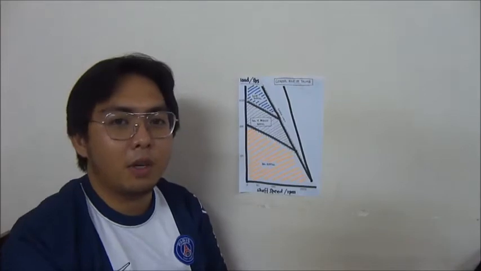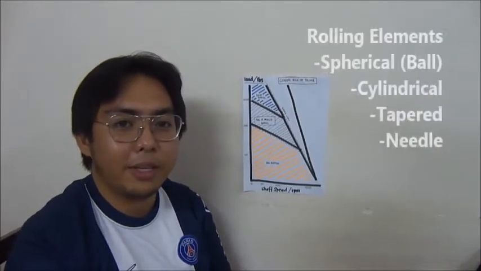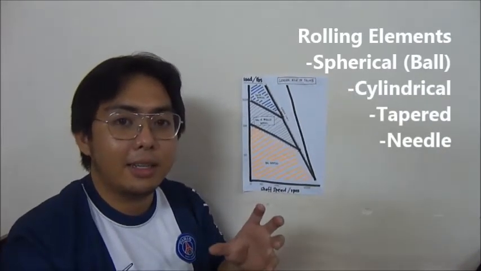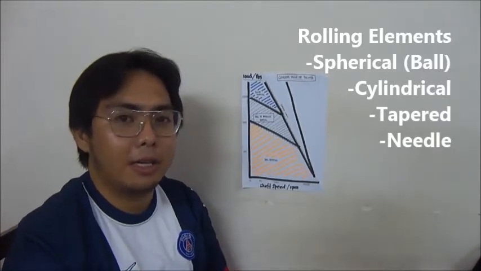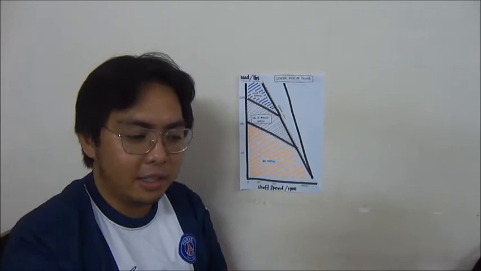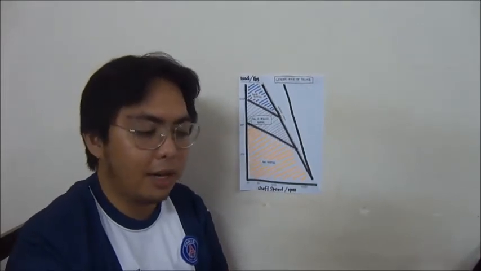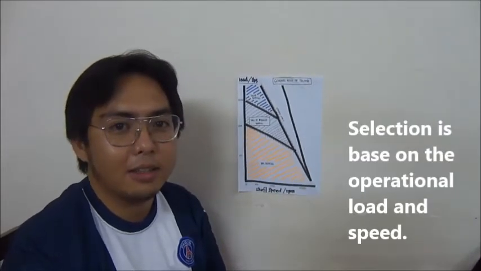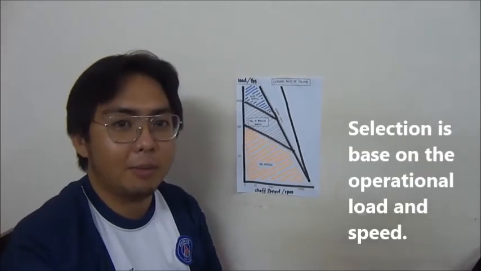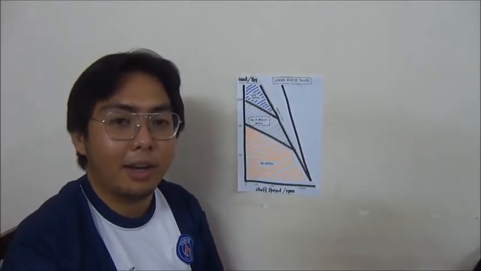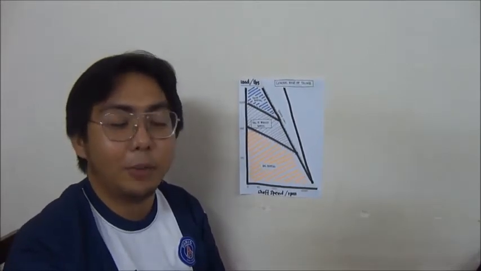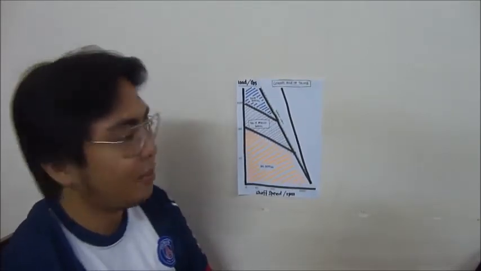This is why the rolling bearing is also called an anti-friction bearing. There are several types of rolling element used inside a bearing, such as cylindrical, spherical, tapered, or needle. These four types of rolling element are used in bearings, so suitable selection can be made depending on the operating criteria of the machine.